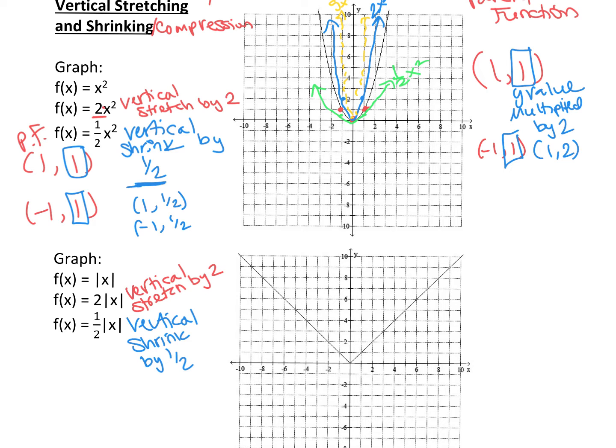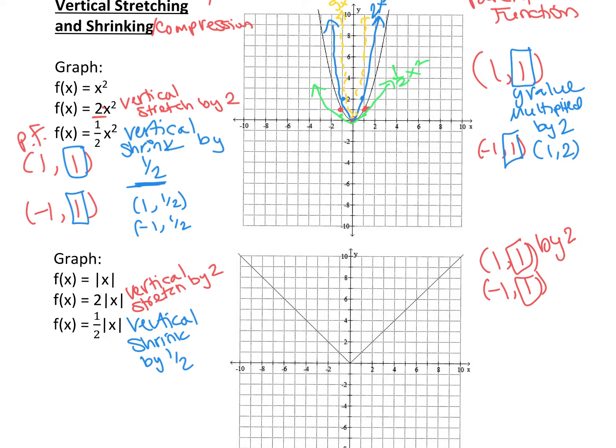And I will draw these for you on my graph. Now you can choose a few ordered pairs and transform them by multiplying the y value by 2 like we did before, and that would totally work. In fact, the ordered pairs (1, 1) and (-1, 1) we can still use. We would just multiply these by 2.